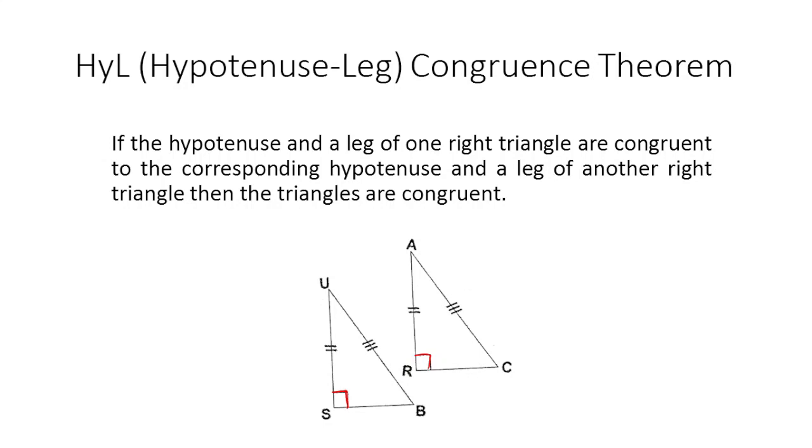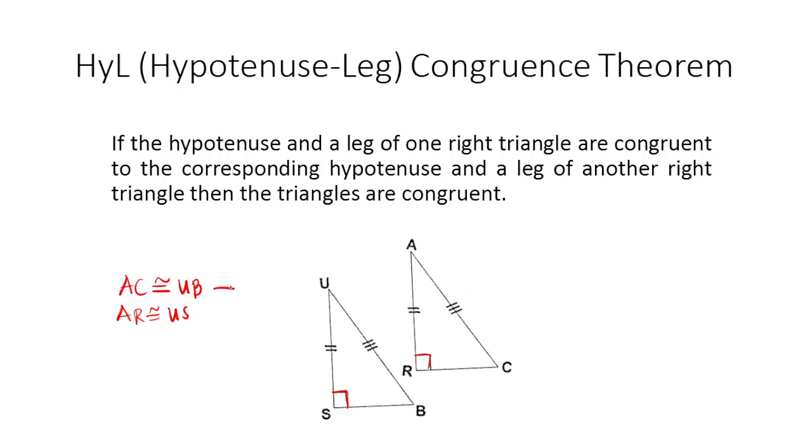Aside sa angle, dun tayo sa hindi angle. Sige, Irene. Okay, line AC. Line UB. Okay. So we have two congruent sides here.